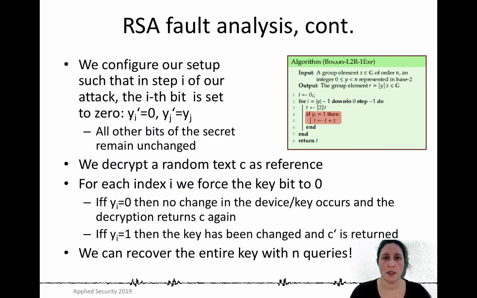We assume that the algorithm is executed by using the binary left-to-right exponentiation algorithm. We first take some arbitrary reference ciphertext and let the oracle decrypt it, so we receive a message M as a result. This is our reference message. We take the same ciphertext again and again ask the oracle to decrypt it, but this time we fault it in the first round of the for loop.